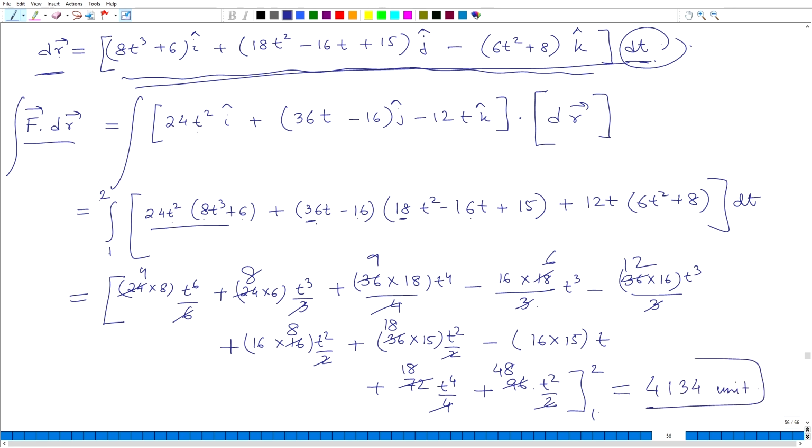So that is the work done by the system. Okay. And look, this is having a positive value.